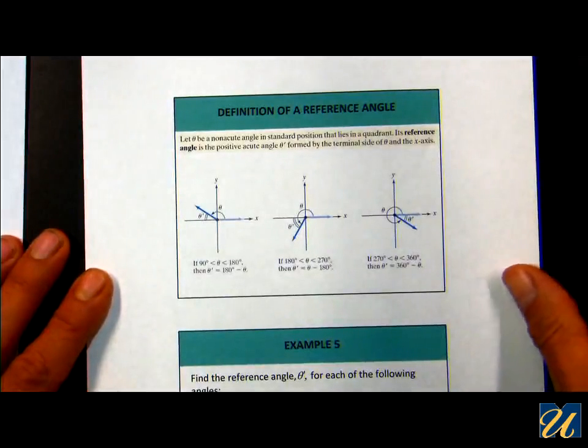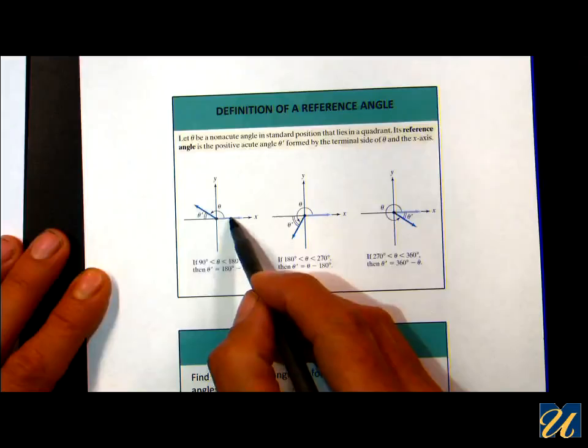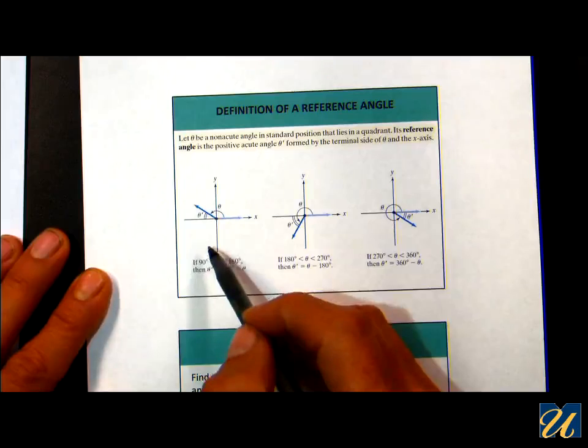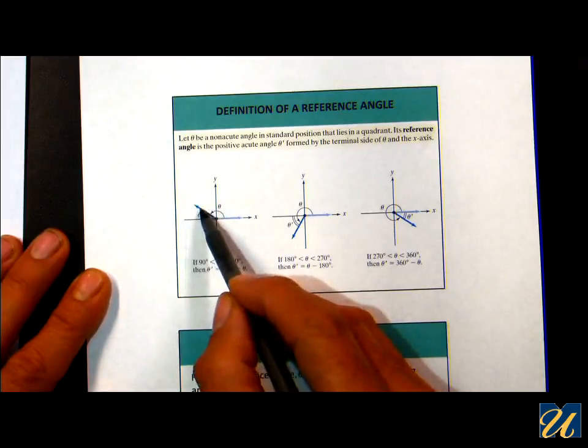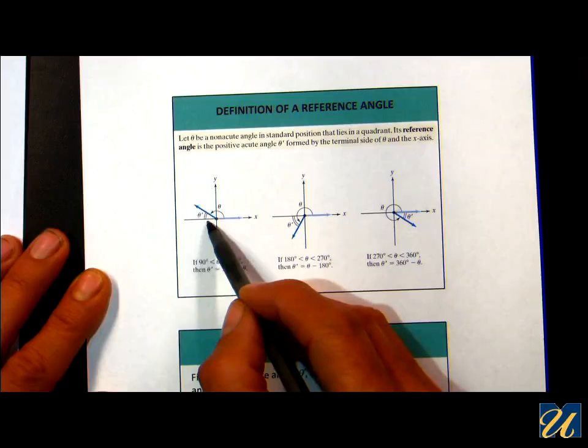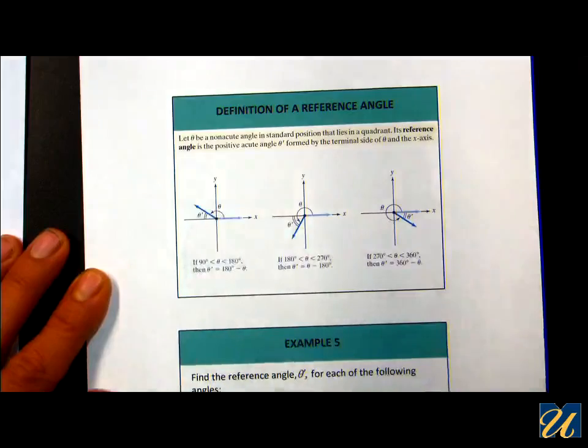If you're in quadrant 2, as the picture shows, you rotate from the positive x-axis to quadrant 2, then the angle formed between the terminal side of the angle and the x-axis, always the x-axis, never the y, this smaller angle here is called the reference angle.